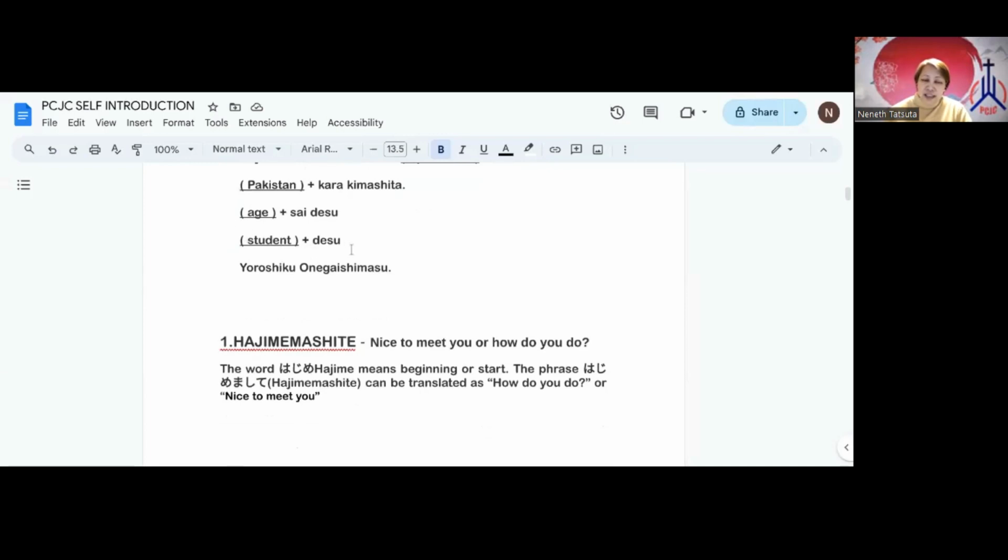Gakusei desu. Last night I sent the PDF file to the group chat, the different Japanese occupations. If you are a nurse, an office worker, a student, or an international student, all are there.